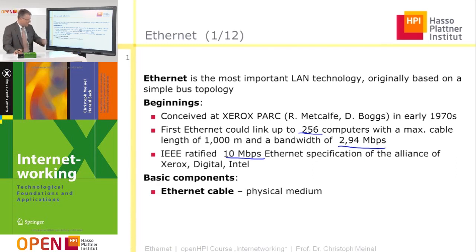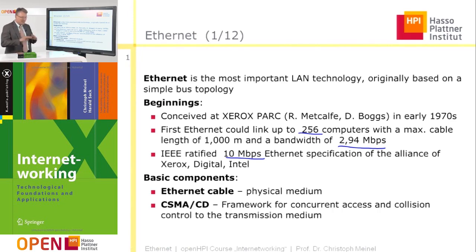There are three basic components of such an Ethernet local area network. First, the Ethernet cable. That's the physical medium on which the signals are sent. The second component is the algorithm for the use of the common network infrastructure, which regulates when a computer can get access to this common infrastructure and what to do in case of collision.